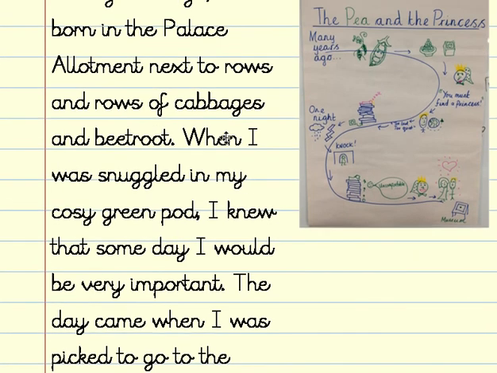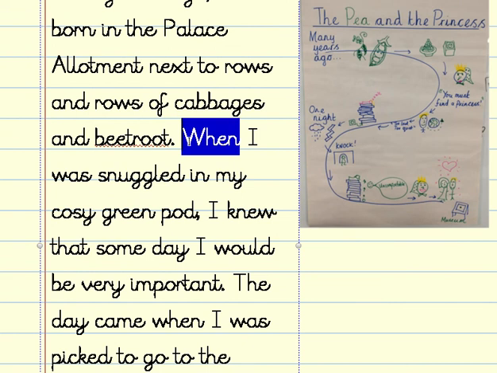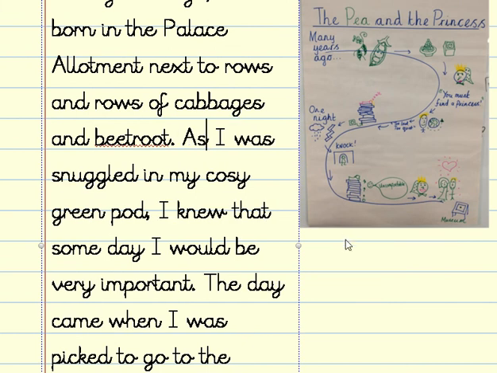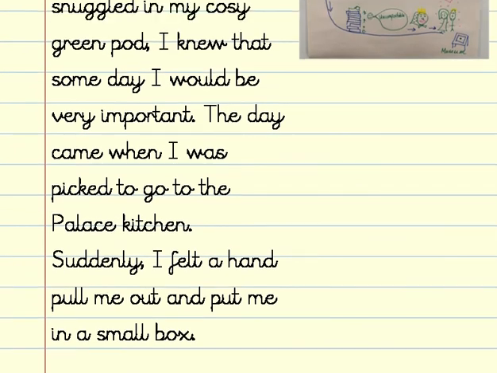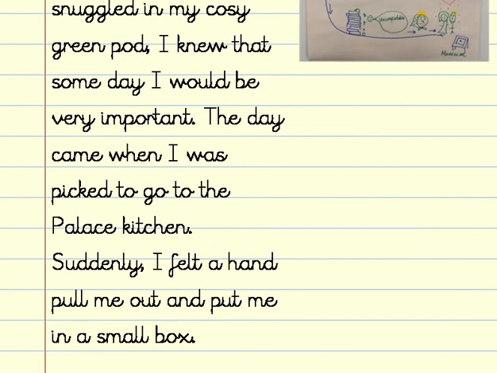I might change when to as. That sounds better. As I was snuggled in my cosy green pod, I knew that someday I would be very important. The day came when I was picked to go to the palace kitchen. Suddenly, I felt a hand pull me out and put me in a small box.